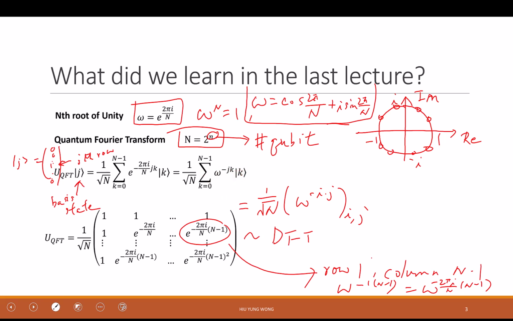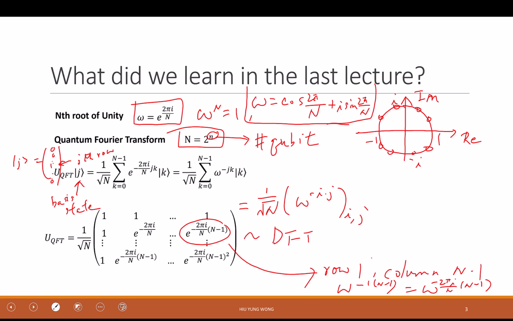So again, what is a quantum Fourier transform? It does something, but it's also just a gate after all. It rotates the basis states in the hyperspace. And every quantum gate is defined by how it rotates the basis states.